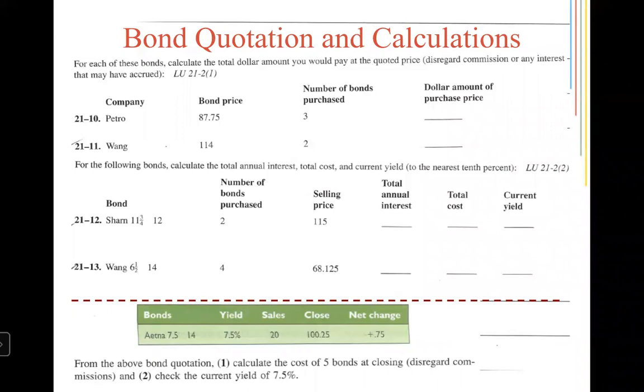You purchase 3 bonds. What is the dollar amount of the purchase price? Remember, this 87.75 is representing a percentage of 1,000. So what is 87.75% of 1,000?